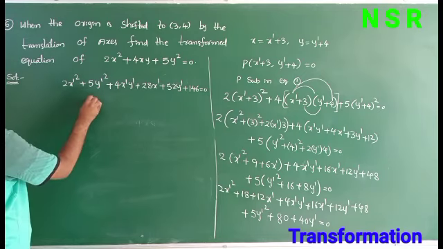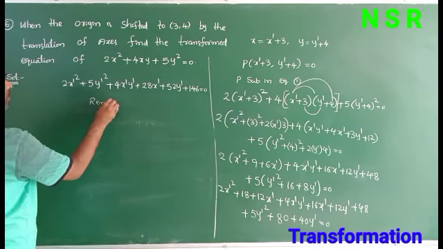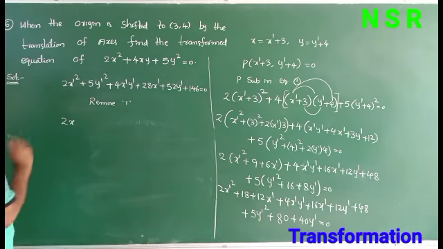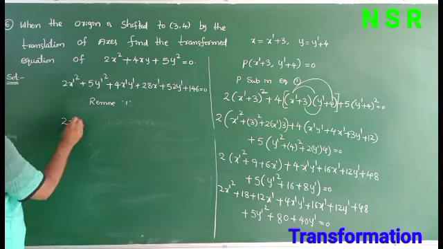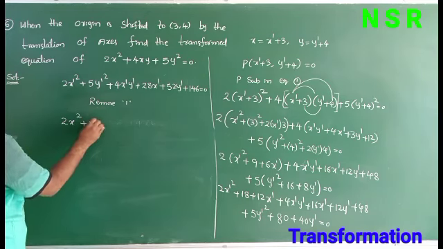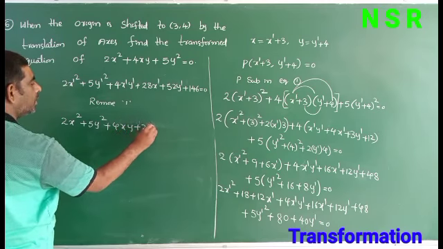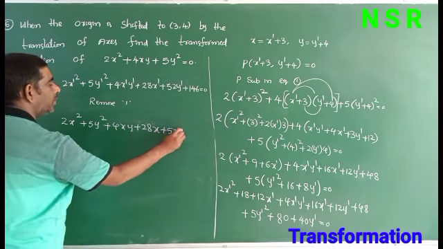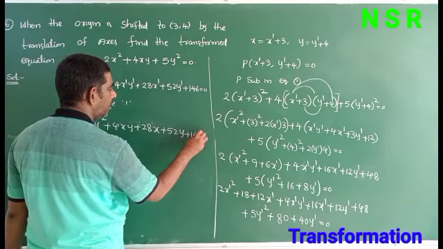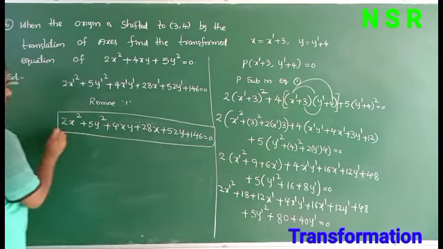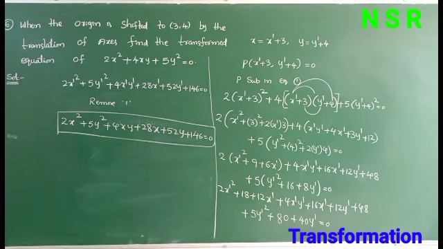So finally simply remove the dash. So the final answer we can also write again in x terms: 2x square plus 5y square plus 4xy plus 28x plus 52y plus 146 equal to 0. So this is the transformation of the equation.